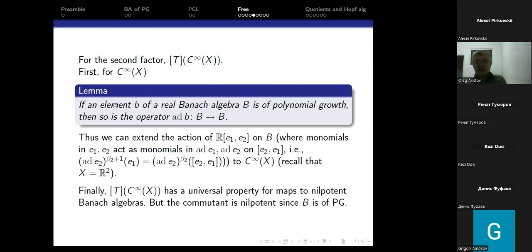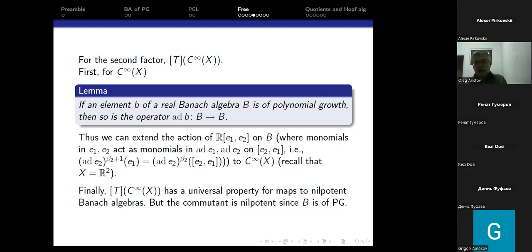This is a simple lemma: if B is an element of a real Banach algebra of polynomial growth, then the adjoint operator is also of polynomial growth, an operator in the algebra of operators.